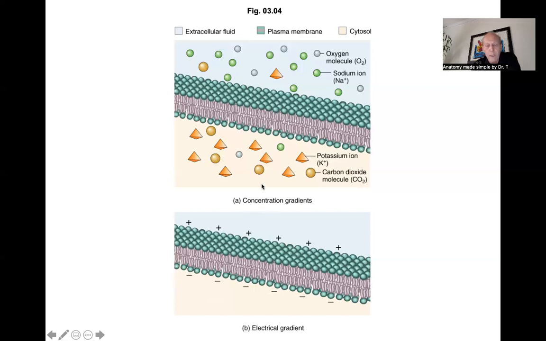One is the concentration gradient, which comes from a different distribution of different ions on 2 different sides of the cellular membrane. So, for example, sodium is known to be the major ion of the extracellular compartment, whereas potassium, illustrated in the form of these little triangles, is the most important and most abundant ion within the intracellular compartment.